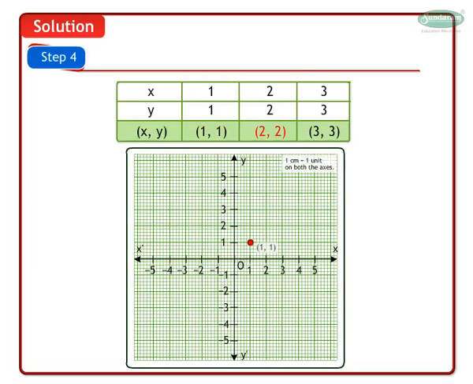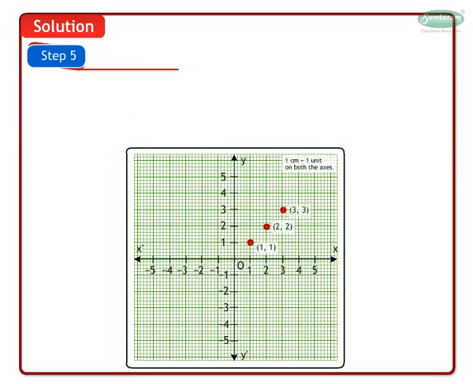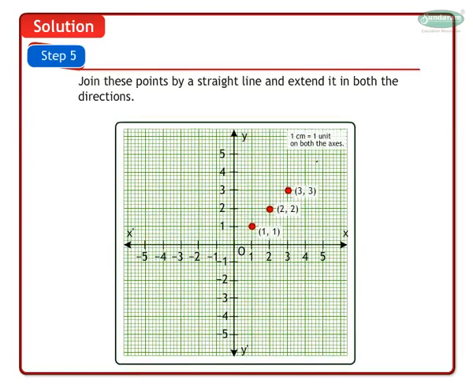Point 2, 2 will be at a distance of 2 units to the right of origin and 2 units above the origin. Similarly, plot point 3, 3. Step 5. Join these points by a straight line and extend it in both the directions. Remember to write the equation y is equal to x near the line.